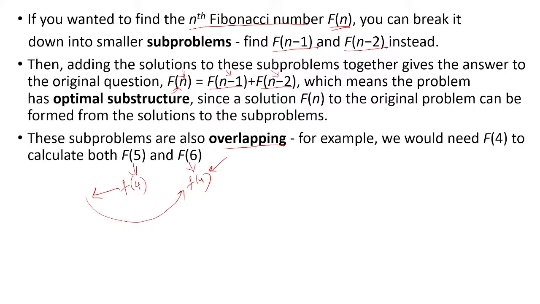This is how the dynamic programming approach is used in solving a problem. So let us solve our problem using this DP approach. In dynamic programming, there are two ways of solving the problem.